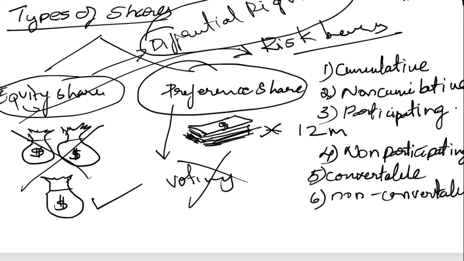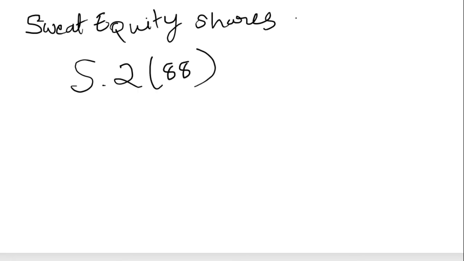One more thing you have to learn is sweat equity. Sweat equity shares, the name itself explains the meaning. Section 2(88) of the Companies Act 2013 defines the expression sweat equity.